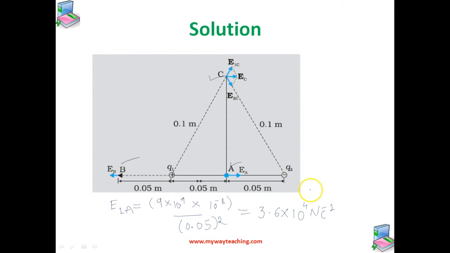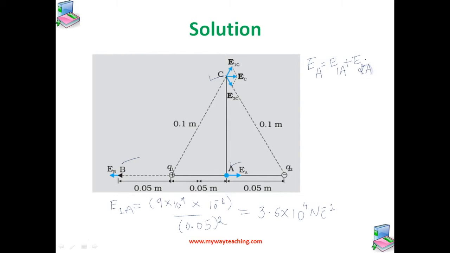The electric field vector E2A, which means the electric field at point A due to the negative charge Q2, is also towards the right, and it has the same magnitude. So the magnitude of the total electric field EA at point A is the summation of E1A and E2A.